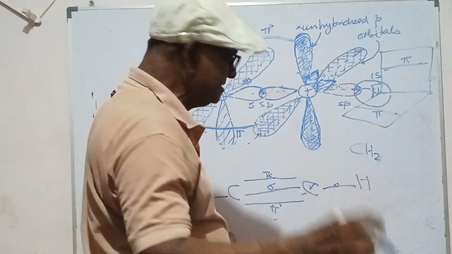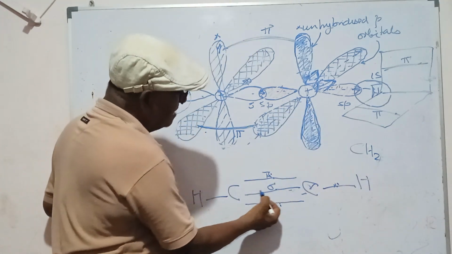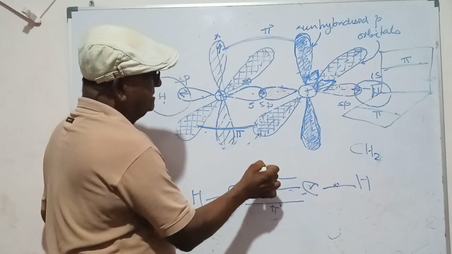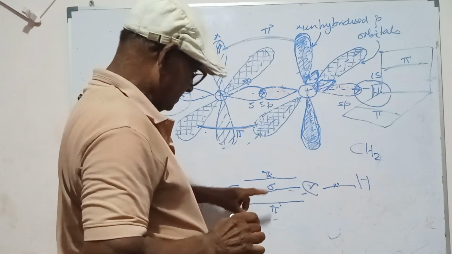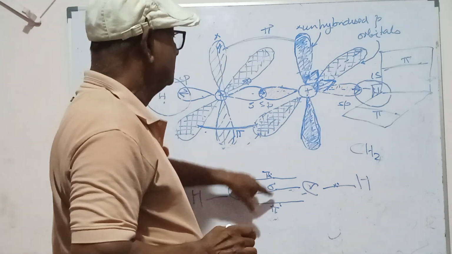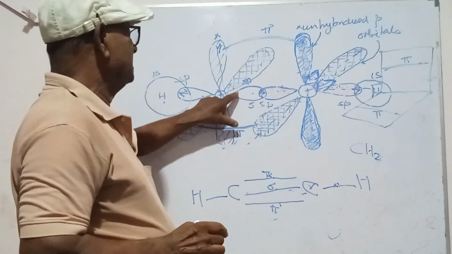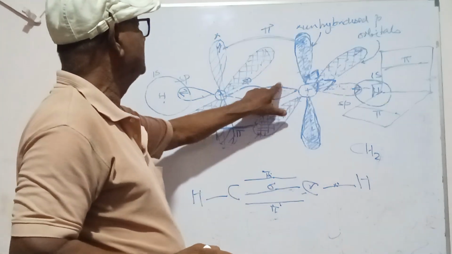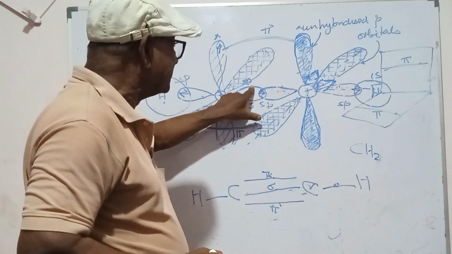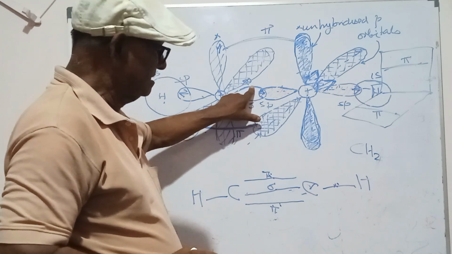Out of the 3 bonds, one is sigma, the other 2 are pi bonds. Sigma bond is formed due to the linear overlapping of sp hybridized orbitals of two carbon atoms.